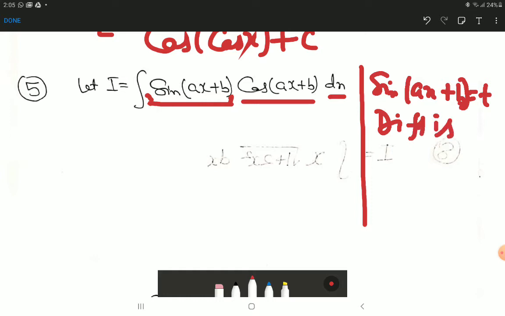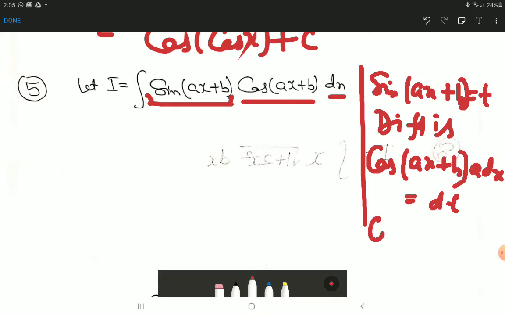So the derivative of sine of ax plus b will be cos of ax plus b into the derivative of ax plus b, which is a dx, equal to dt. The derivative of ax plus b is a, a is constant, the derivative of x is dx, and that of plus b is 0. Now transfer this a from left to right. So you will have cos of ax plus b dx equal to dt upon a.